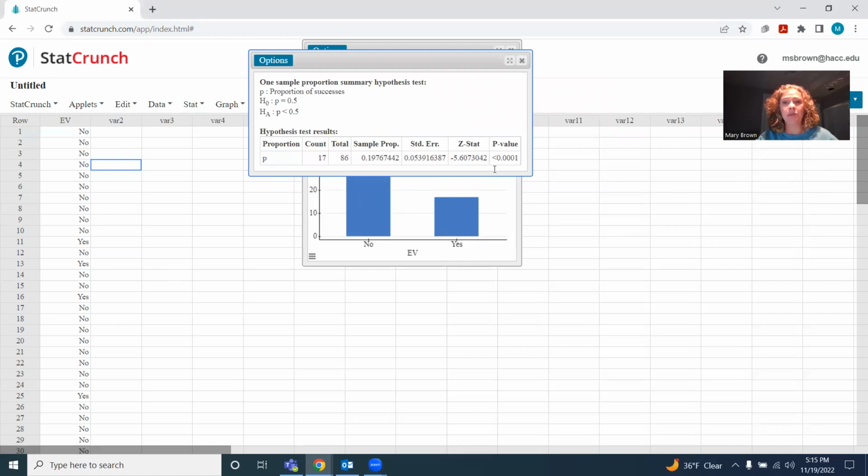That's a very small p-value. What does that mean? From that p-value, I can reject my null hypothesis and conclude that fewer than 50% of all HAC students have in fact ridden in or driven an electric car. Okay, so that would be my conclusion.